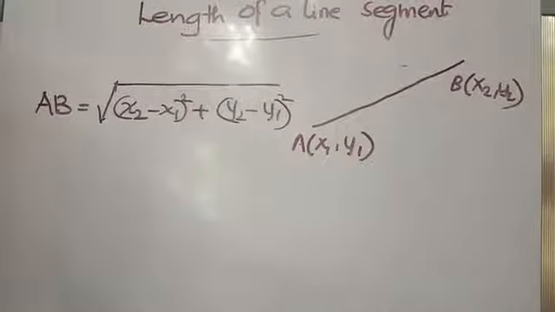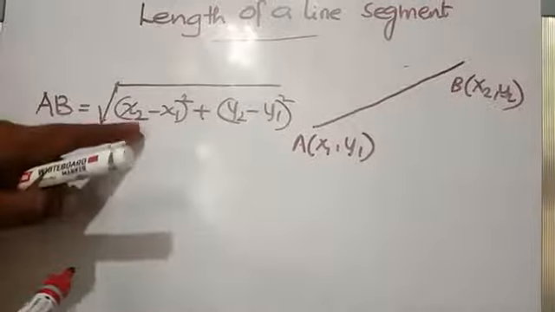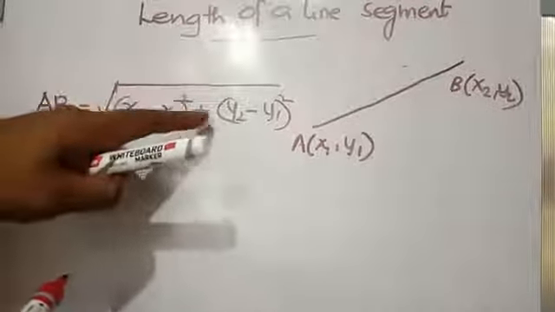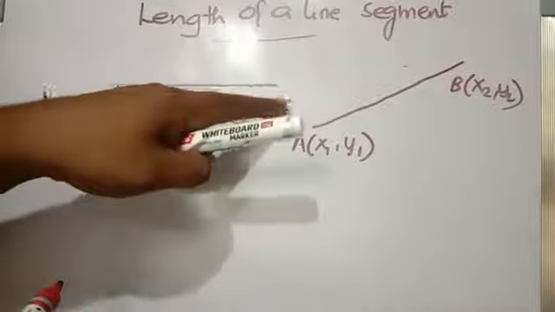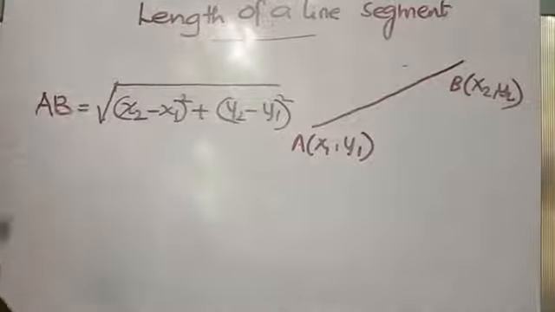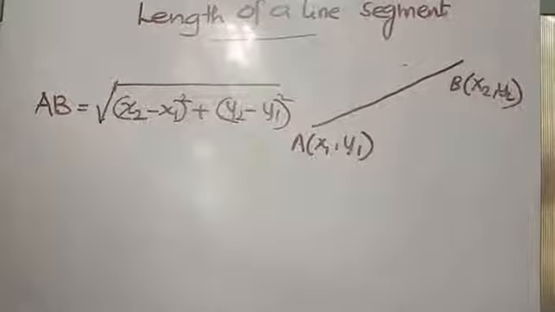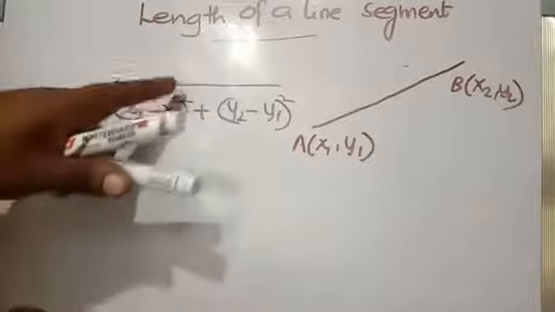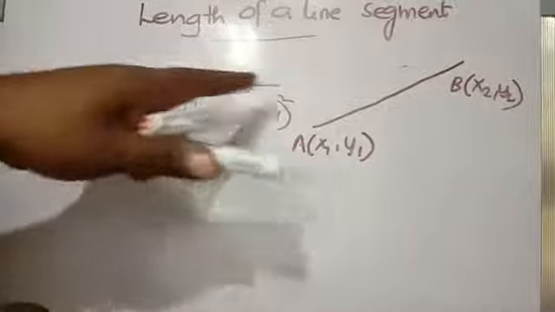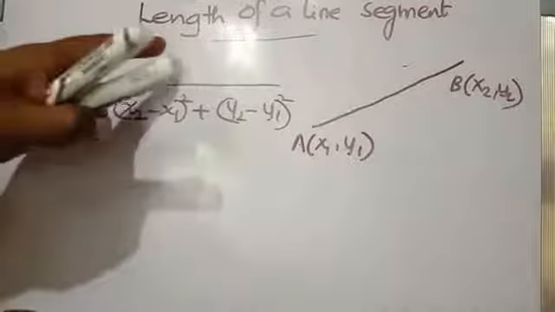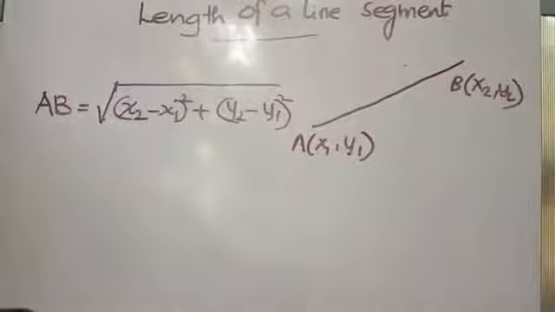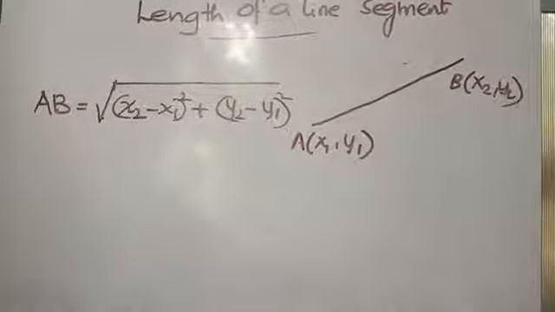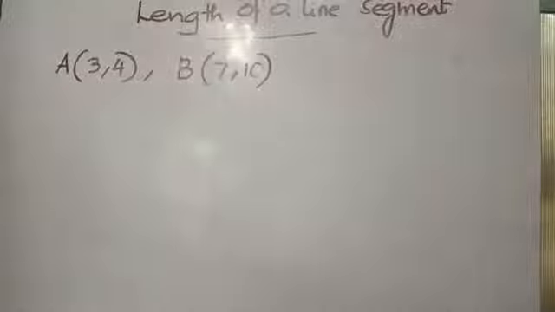So the length of a line segment can be found by using the formula x2 minus x1 the whole squared plus y2 minus y1 the whole squared, all in root. That means it's very simple: root of change of x squared plus change of y squared. When you do a problem, you'll come to know this one in detail.